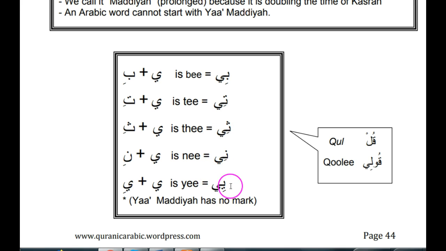Ni. Yi. What do we observe here? The letter before the ya is a consonant that has kasra, and then ya is following and has no mark on it. Therefore, it is called long ya.